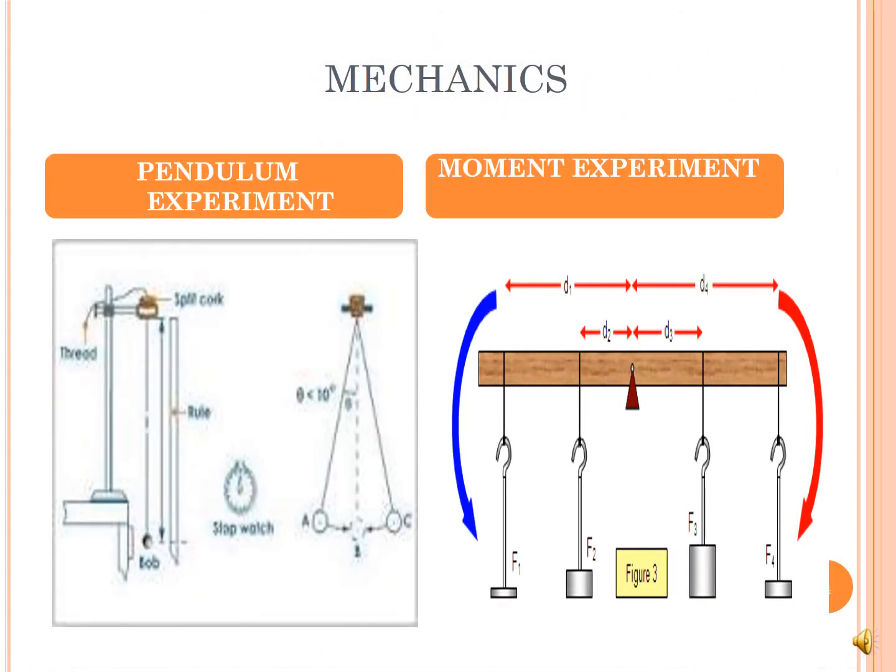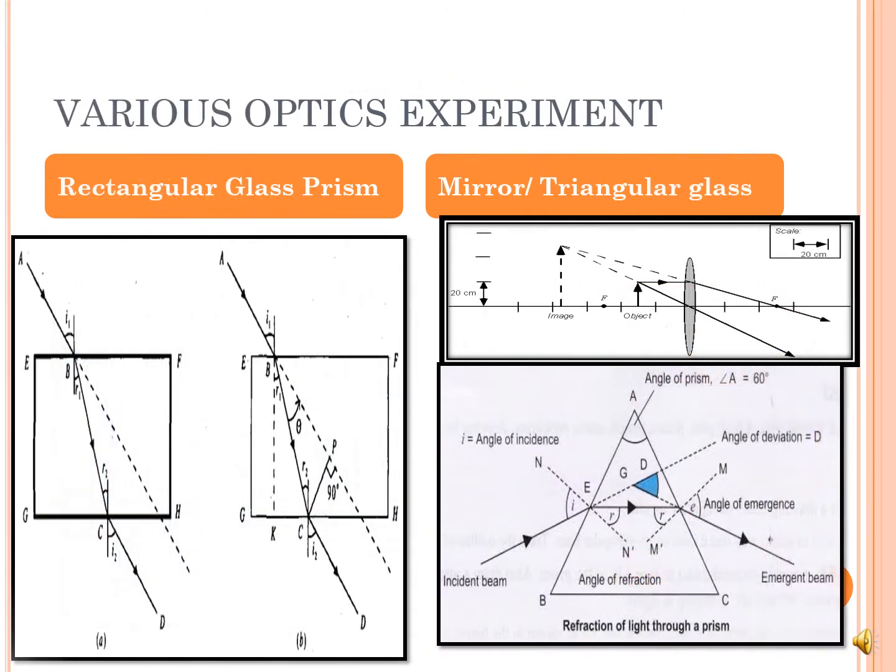Under mechanics, we talk about your pendulum bulb experiments, your moments experiments, and also your density experiments amongst others. Under optics experiments, you talk about your rectangular glass prism, your mirror, and your triangular glass prism.